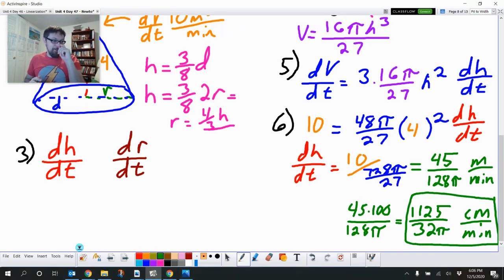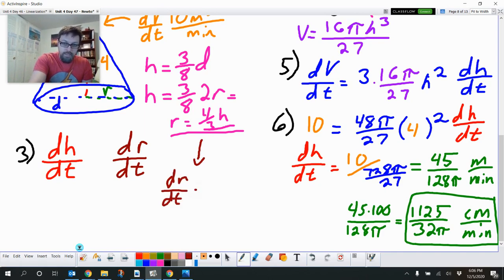To find dr over dt, we can actually use this sub-equation that we had earlier. We can use this one and implicitly differentiate that with respect to time, now that we know what dh over dt is. So if we take the derivative of this thing, we get dr over dt equals 4/3 dh over dt.